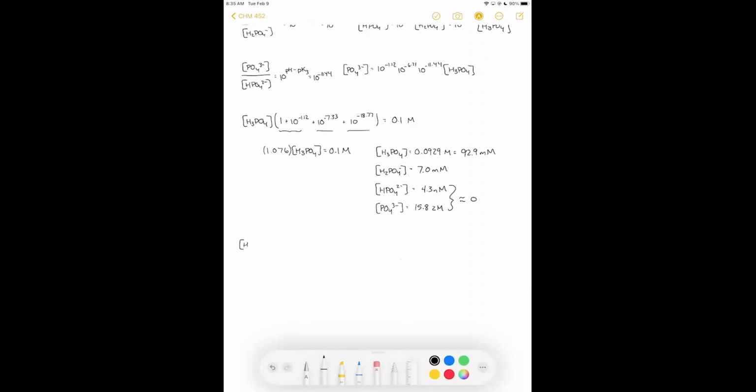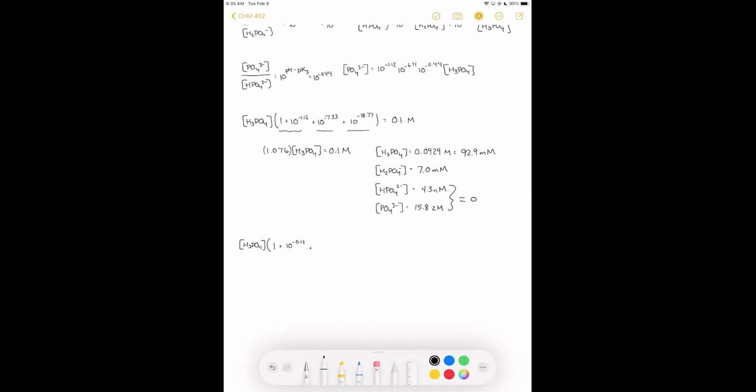We would have H3PO4 again as our base, and then we multiply that by the same thing. So we have 1, but now instead of 10 to the minus 1.12, instead of 1 minus 2.12, we have 2 at our new pH. 2 minus 2.12 is 10 to the minus 0.12. And then we just keep building off from there.